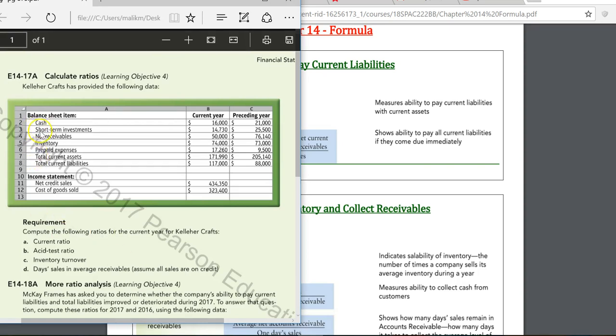Current assets are cash, short-term investments, net receivables or accounts receivable, inventories, and prepaid expenses. The problem is very nice: they gave you the total current assets, and total current liabilities is also given.